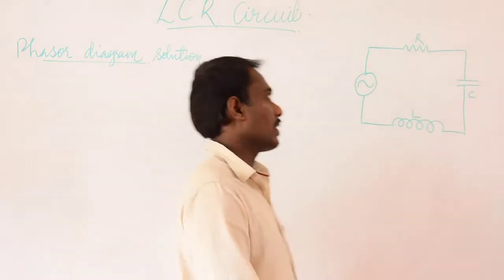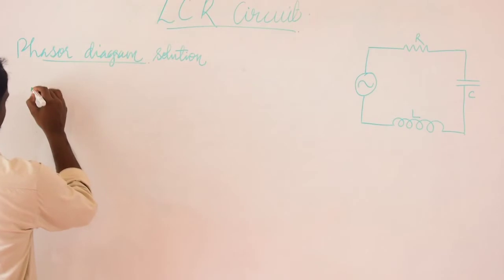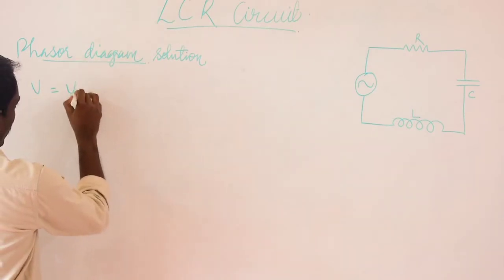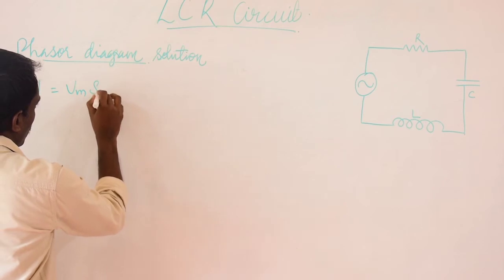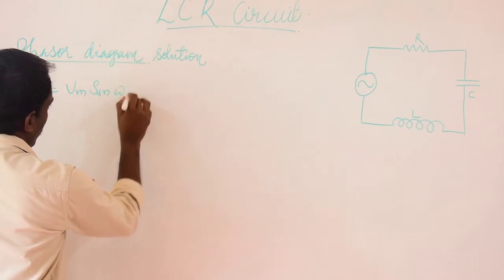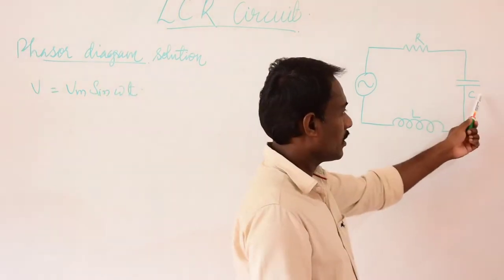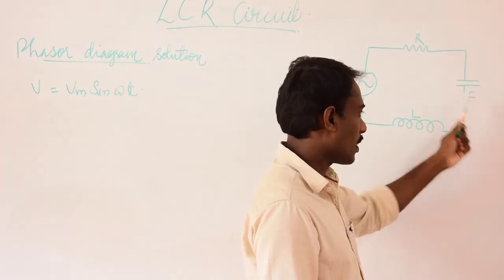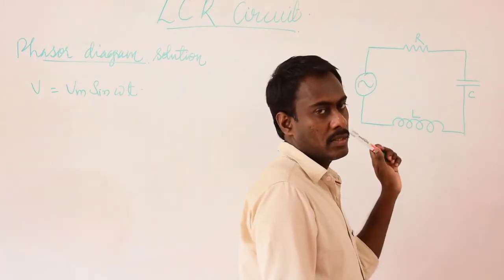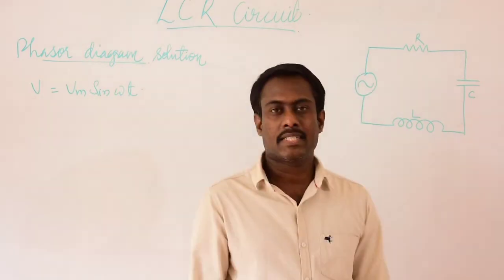As usual, we take the voltage applied to the circuit as V is equal to Vm sin omega t. Q be the charge on the capacitor and I is the current at a time t.